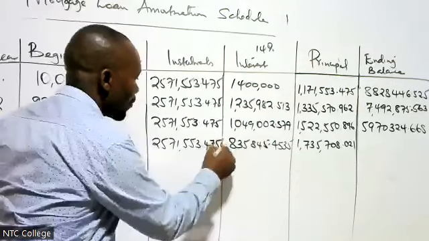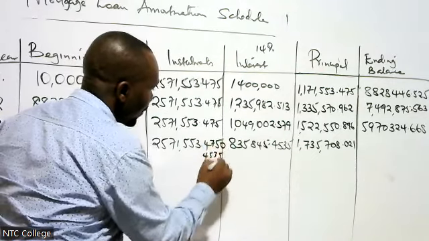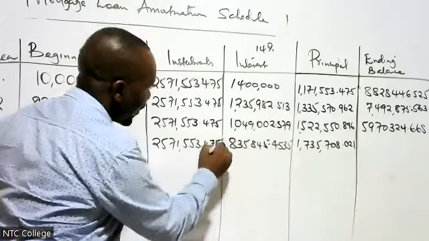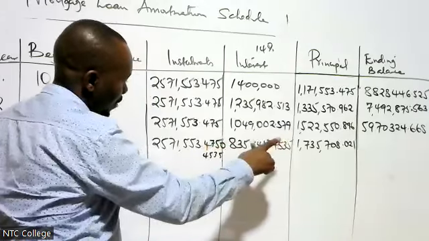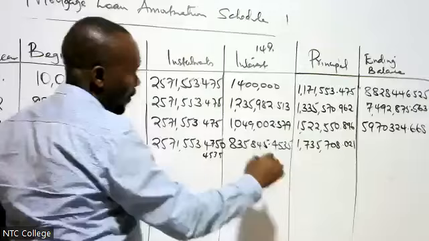Obviously, hapa ni 0. So when you want to subtract 435, you have to borrow. Then, so here, you must be having 5.